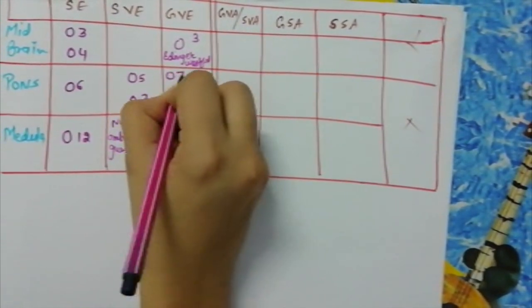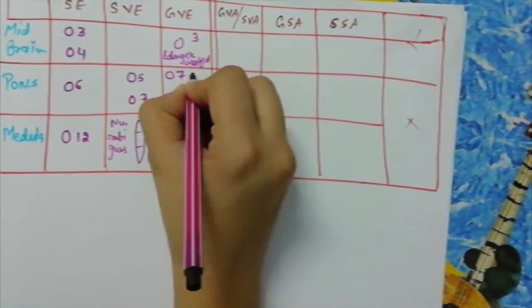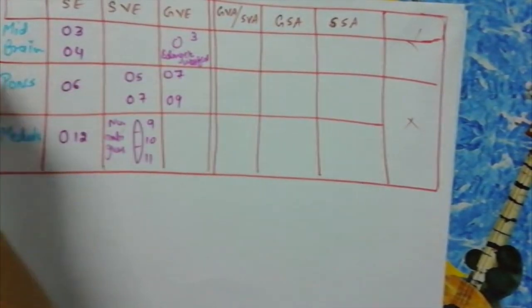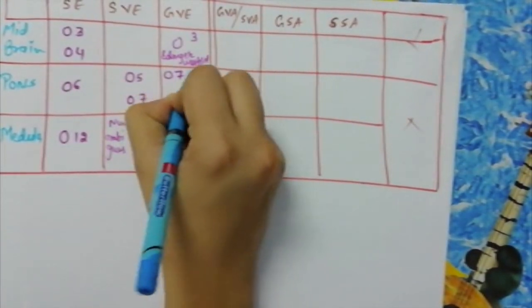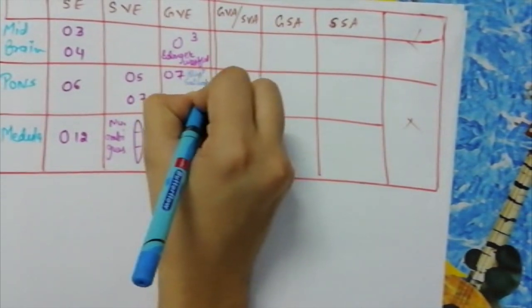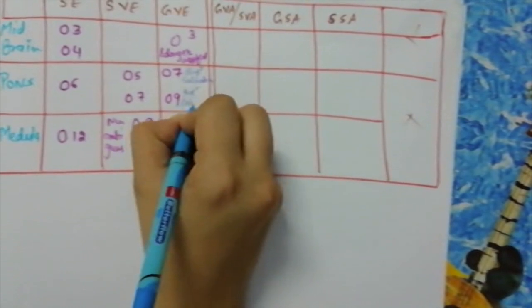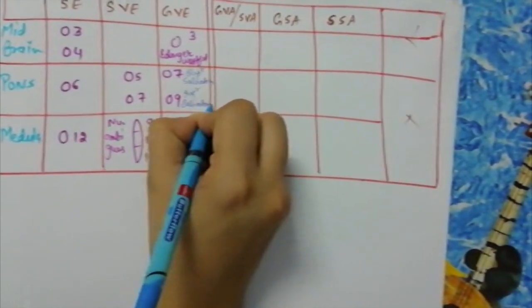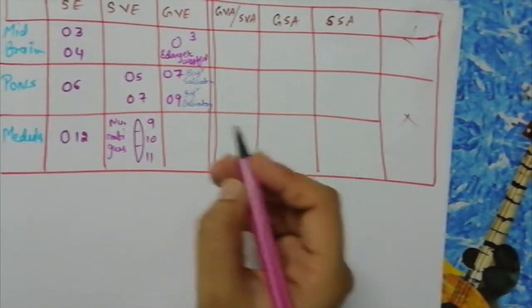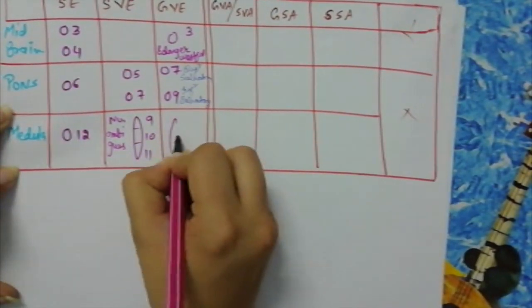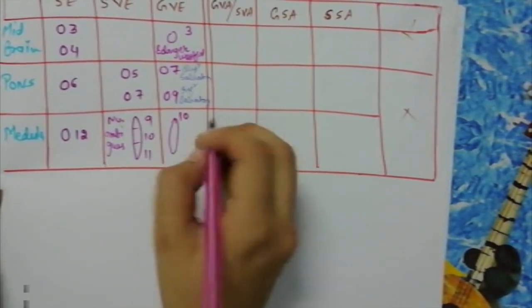Then 7th, 9th, this is superior salivatory and inferior salivatory. Now the dorsal nucleus of vagus, this is the 10th nucleus of vagus nerve.